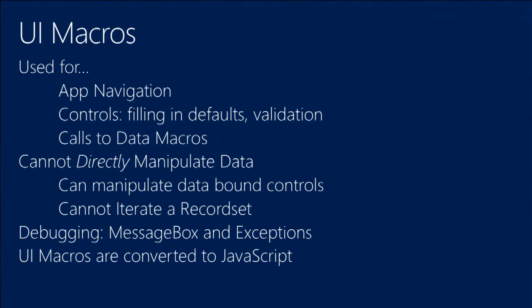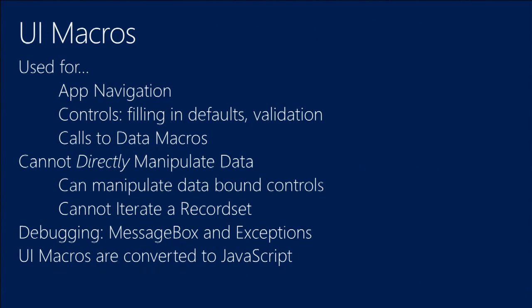You also have built-in options for validation as well. And then you can also call data macros with UI macros. We separated the two, so the UI macros cannot directly manipulate data, but they can manipulate the controls that are on the form that you're currently viewing. These ones cannot iterate on the record set, but data macros can.